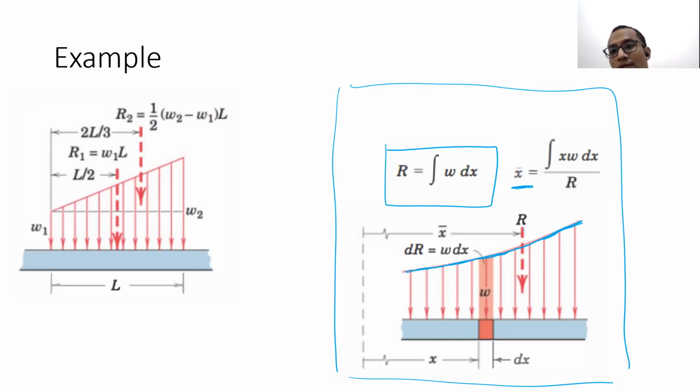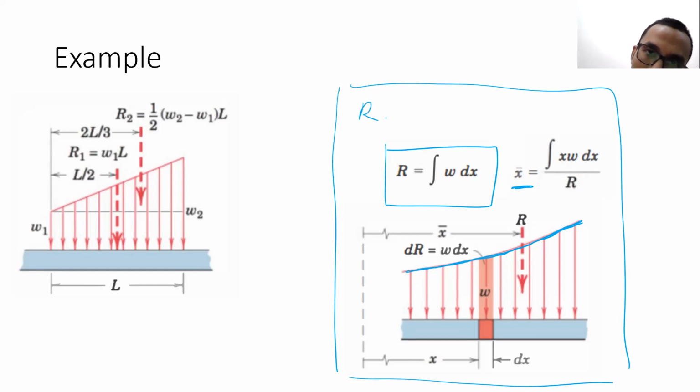How to find the centroid of that particular curve? It's actually the same as finding the centroid of a certain area. We can use this. R is actually the integral of W dx, right?